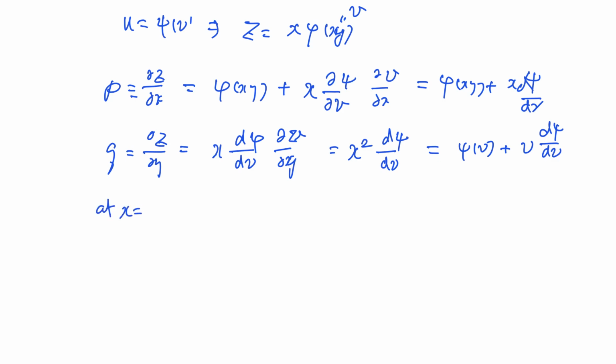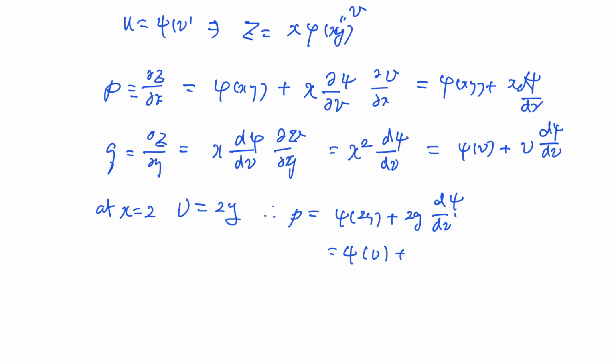So at x equal to 2, v is 2y, right? Therefore, p is psi of 2y plus 2y dpsi dv, and q is 4 times dpsi dv. Times 3, so this is 12 times dpsi dv.